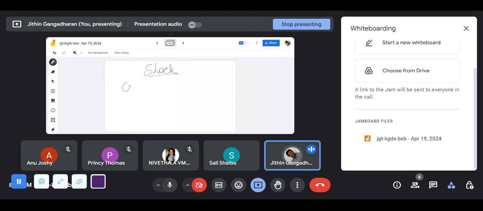See, shock. There will be cardiogenic shock, hypovolemic shock, hypervolemic shock, then anaphylactic shock. Cardiogenic shock means the heart is involved. CPR is the management for cardiogenic shock.